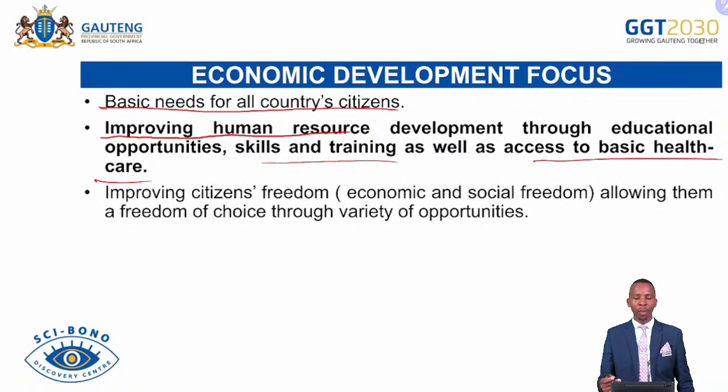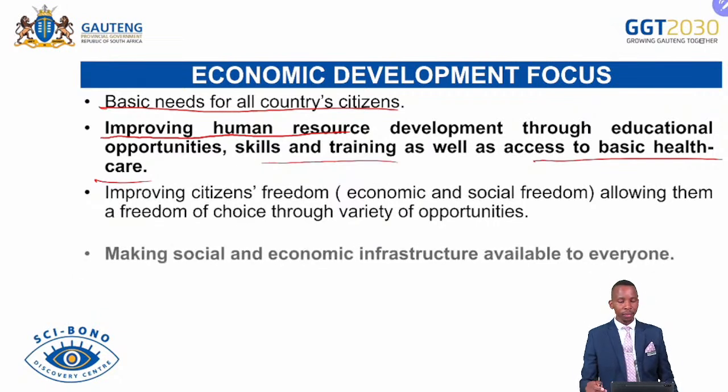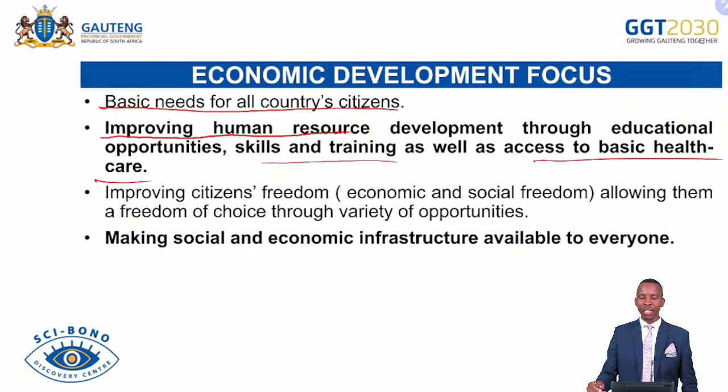Improving citizens' freedom, meaning ensuring that people are having economic and social freedom. As for the economy, people are having access to a variety of goods and services available in the society, allowing them freedom of choice through a variety of opportunities in the society. Making social and economic infrastructure available to everyone.